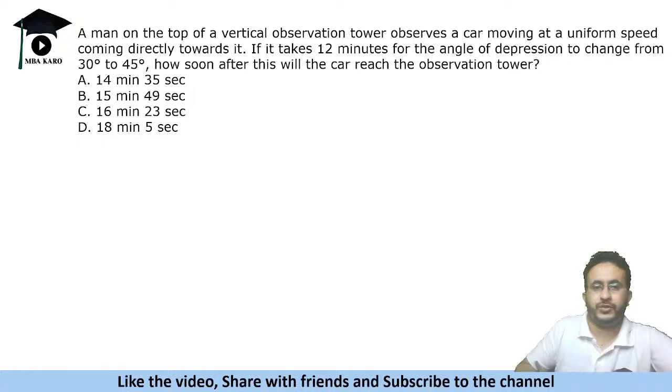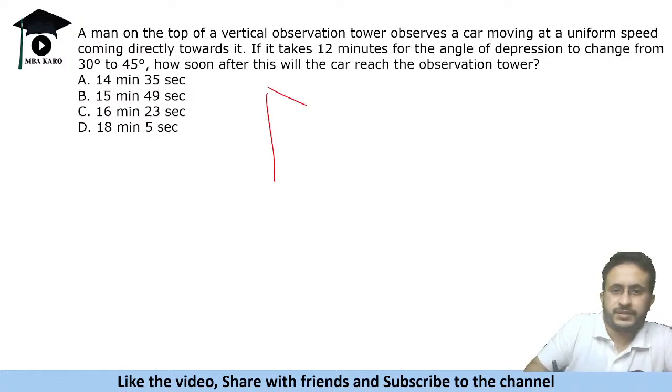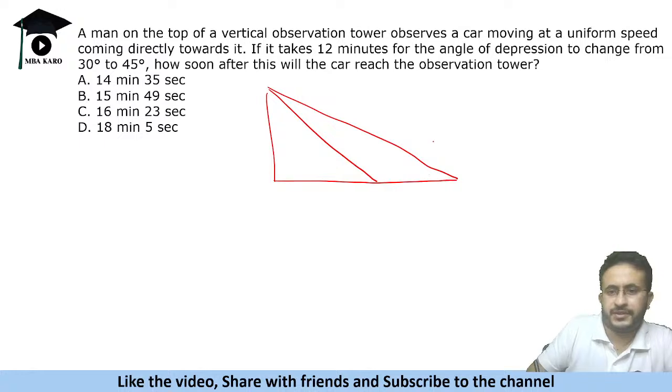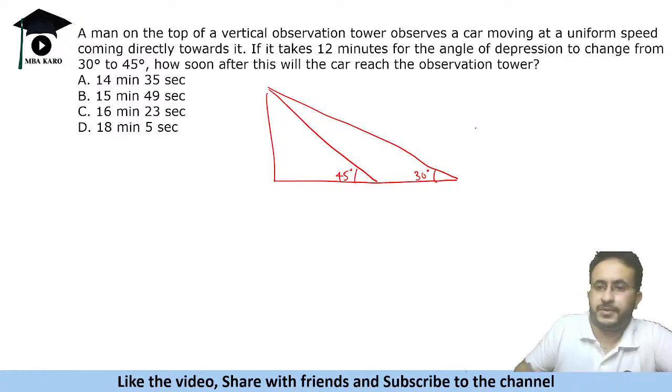So let's do this diagram wise. ठीक है, पहले 35 था, फिर 40, 30 था, फिर 45 डिग्री. ठीक है, so this is 30 and this is 45 degrees, right? So remember that 30 60 90 rule.